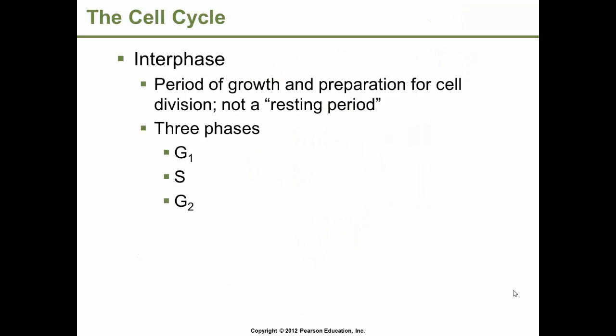Interphase is the period of growth in preparation for cell division. It's not a resting period, it's very active, consisting of three phases. G1 is growth phase 1, S phase is when DNA is synthesized, and G2 is the second growth phase.